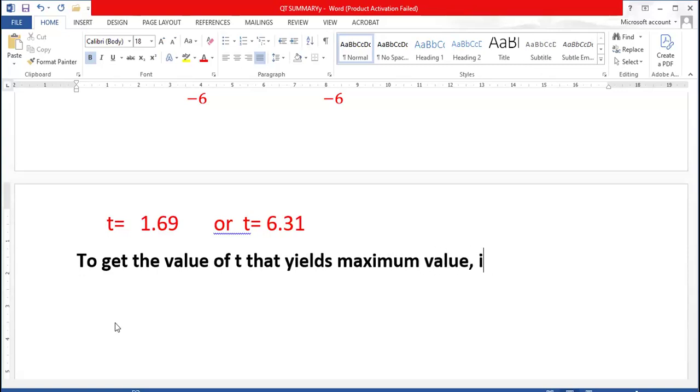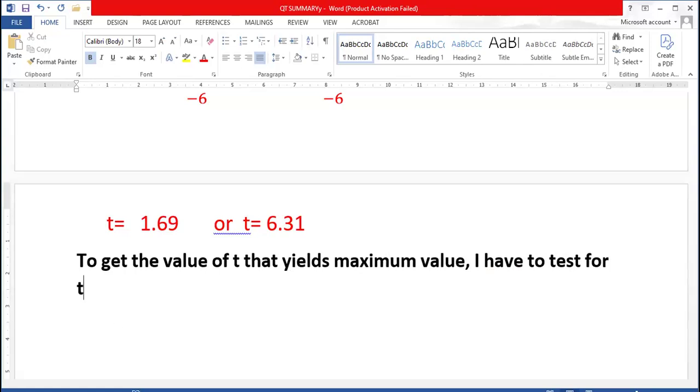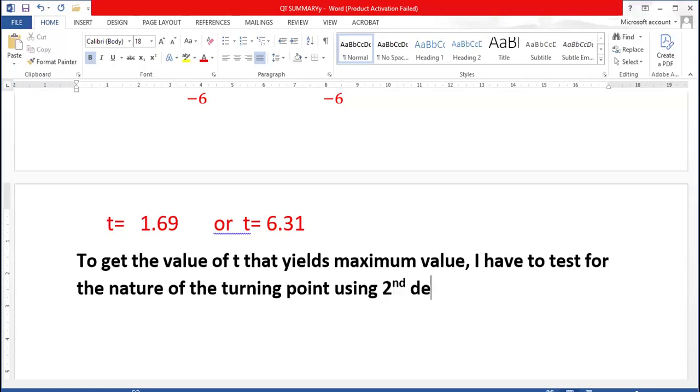I have to test for the nature of the turning point using the second derivative.